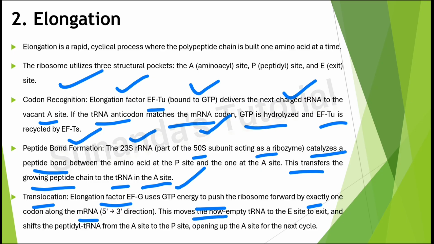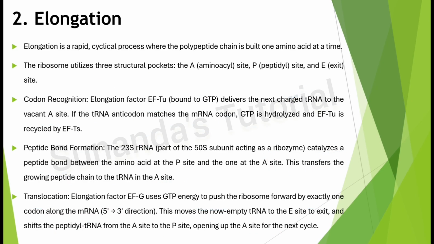This moves the empty tRNA to the exit site and shifts the peptidyl tRNA from the A site to the P site, opening the A site for the next cycle. This is how it takes place, by shifting one amino acid to the next, and a peptide bond is formed between two amino acids. Along with that, the polypeptide chain is also formed slowly.